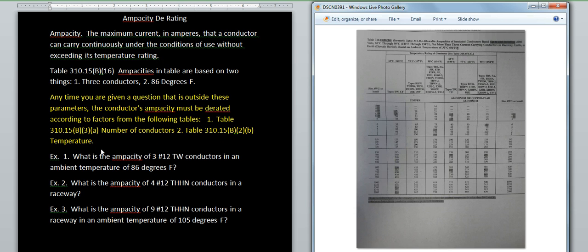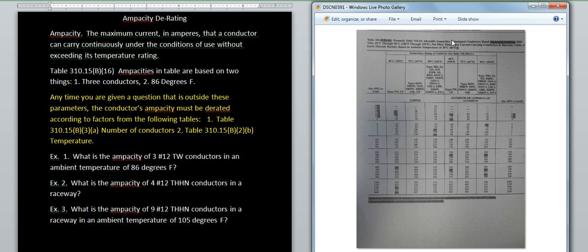The first example is: what is the ampacity of 3 number 12 TW conductors in an ambient temperature of 86 degrees? Okay, so you notice first off that the question is within these parameters.